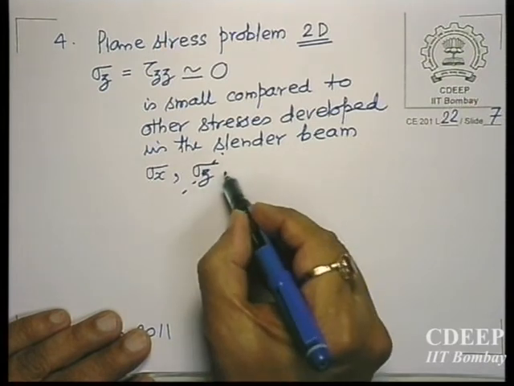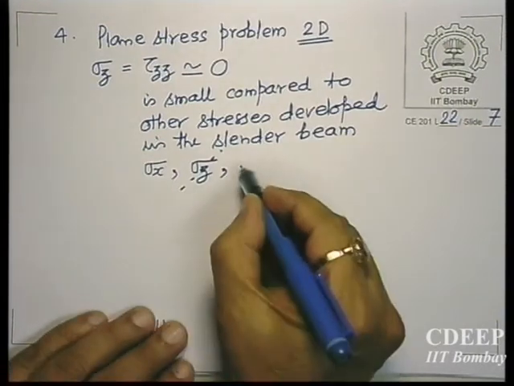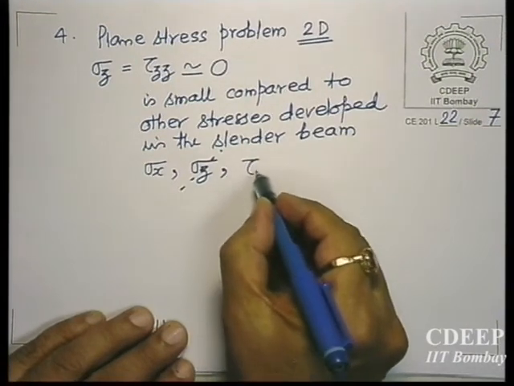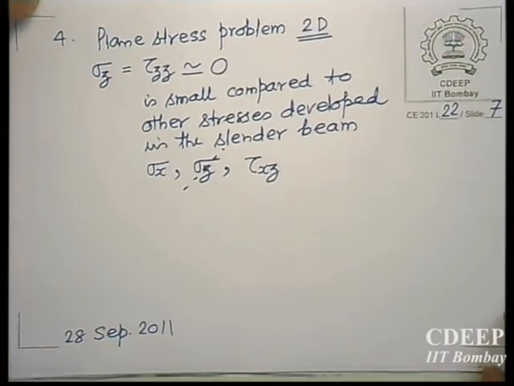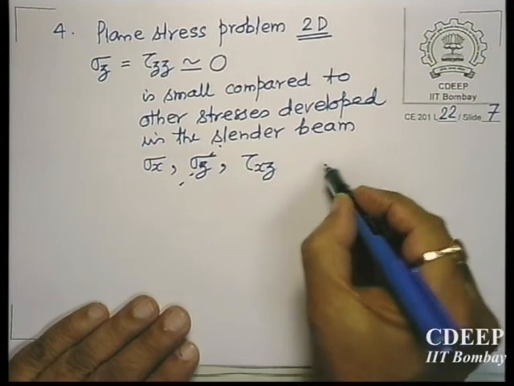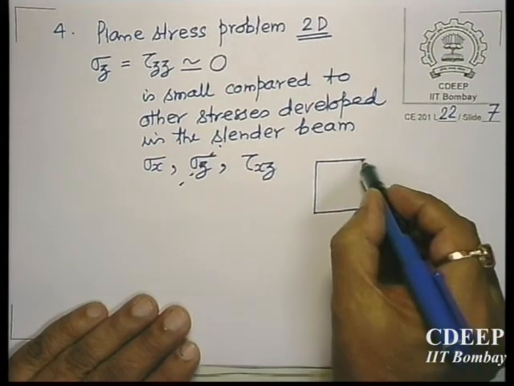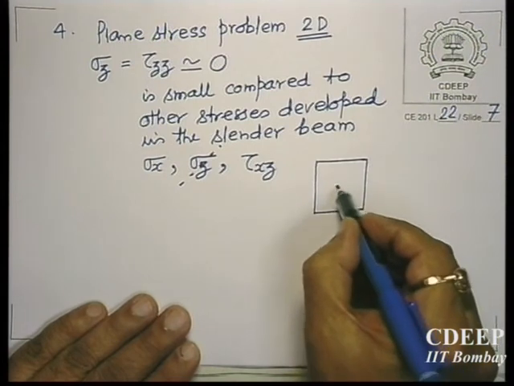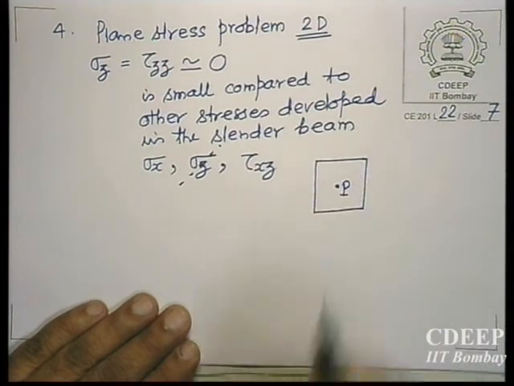Then, if you take a small element, there will also be a shear stress tau xz. So on a beam element, I am taking a small element around a point P, this is the z direction, this is the x direction.